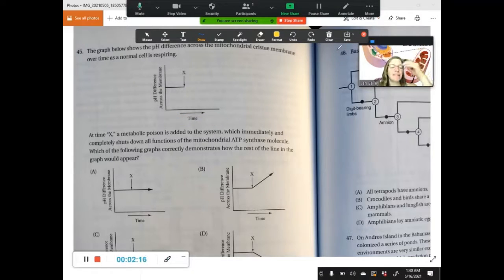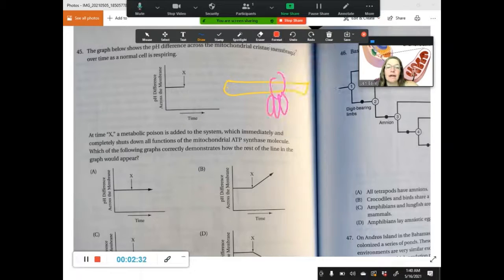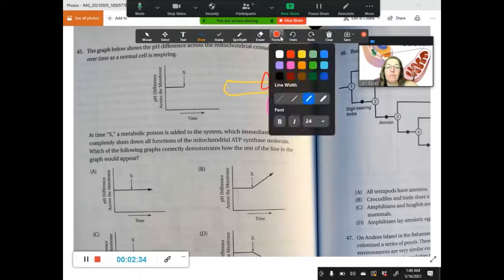What runs the ATP synthase? There's a proton pump. There we go. So across the membrane, you've got your ATP synthase right here. Oh gosh, not a very good drawing of it, but that's okay. And then it's powered actually by a proton pump.